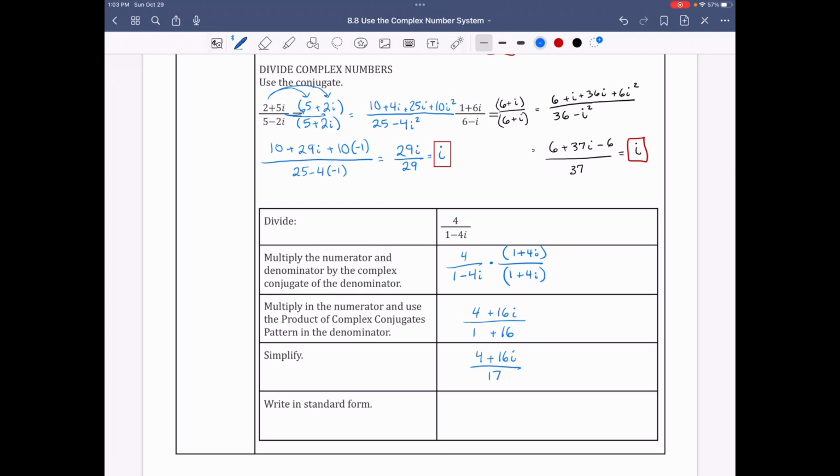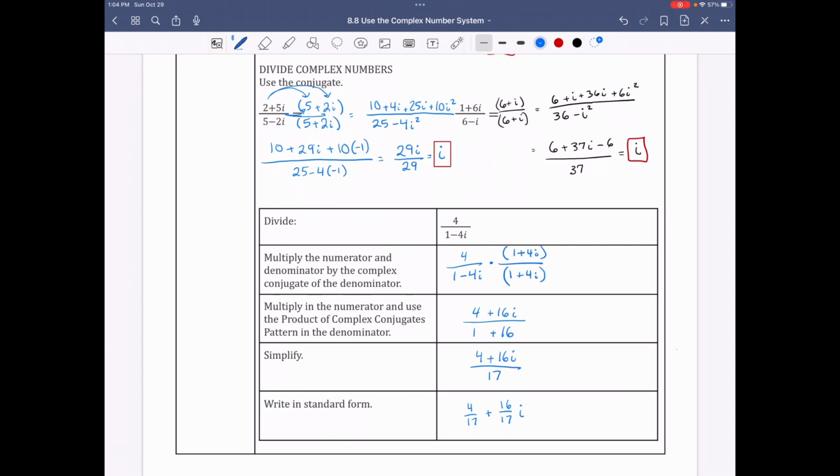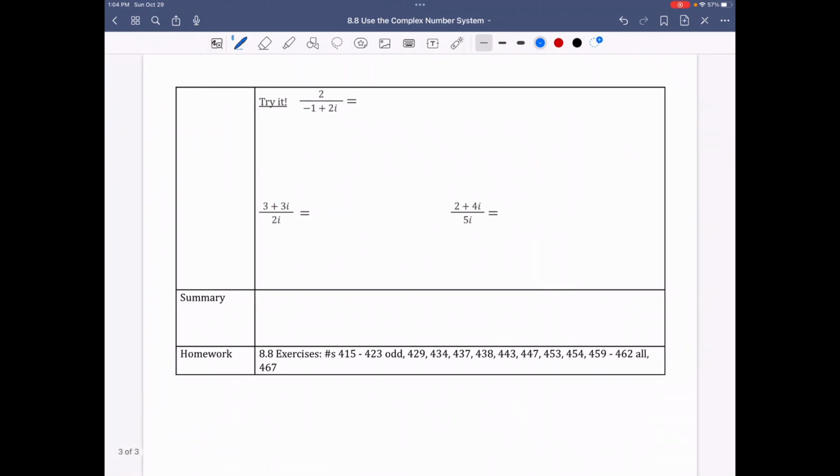To write this in standard form, we just split it into 4/17 plus 16/17 i. And that's the standard form. When you're ready, turn the page. I'll have you do the try-it, and we'll come back, and then we will do the last 2 problems. Go ahead and check your answer, and then let's move on to the next example.